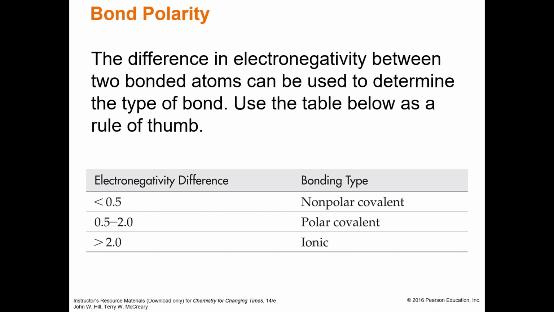So as you go to larger and larger electronegativity differences, you'll be increasingly ionic in character. As you go to less and less electronegativity difference, you'll be increasingly covalent in character. So if you have an electronegativity difference of less than 0.5, then you'll have a nonpolar covalent bond. If it's 0.5 to 2, that will be a polar covalent bond. And if it's greater than 2 in electronegativity difference, that would be an ionic bond.